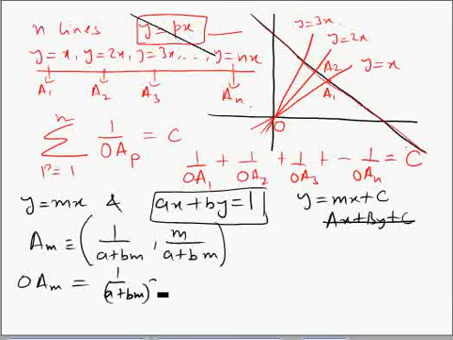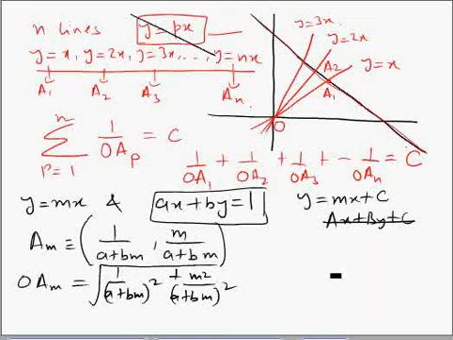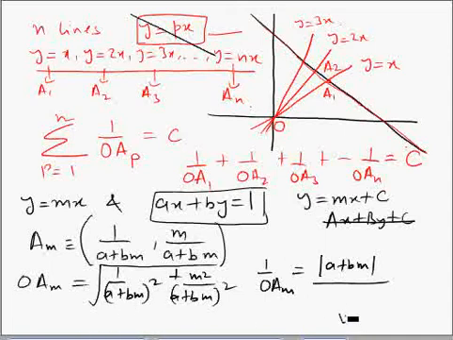So for 1 by OM, we take the reciprocal of this to get mod of a plus bm in the numerator. Mod will come because we are taking the square root of a perfect square. Divided by root of 1 plus m square, and this is given equal to a constant.